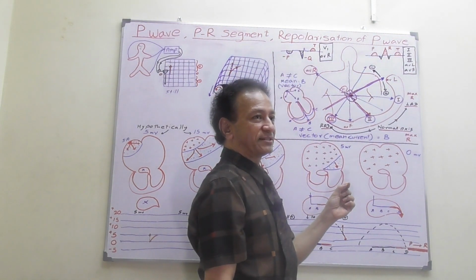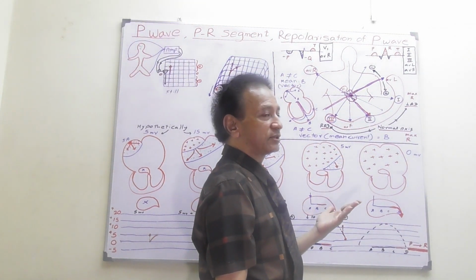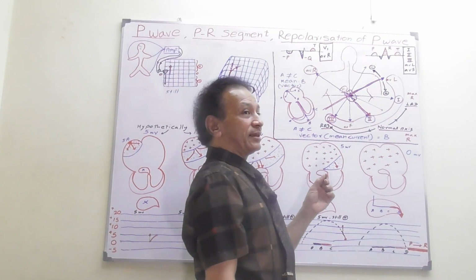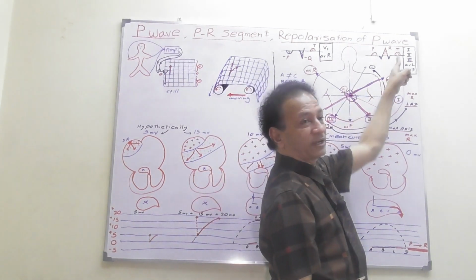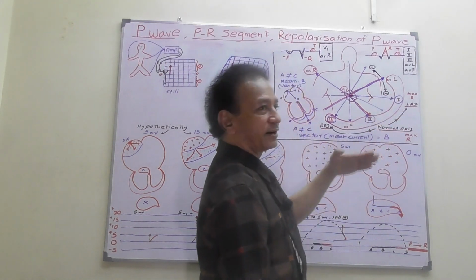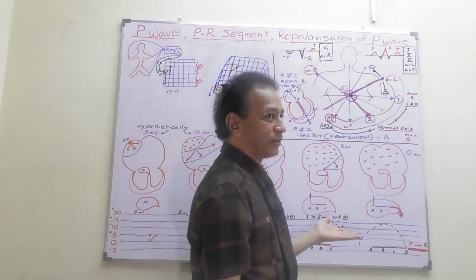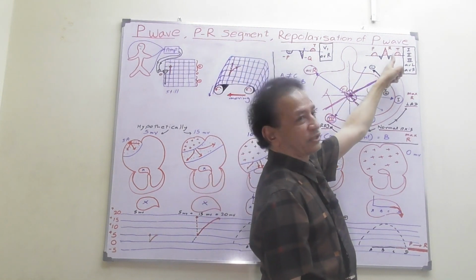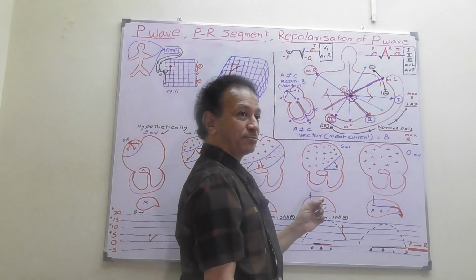Usually people say when the current comes towards the electrode, then it should produce a positive wave. But that is wrong, because with that theory you can't explain why the T wave becomes positive. If the current is going away from the electrode, then it has to be a negative wave. But you know the T wave is positive. So you should know the proper way of explaining.